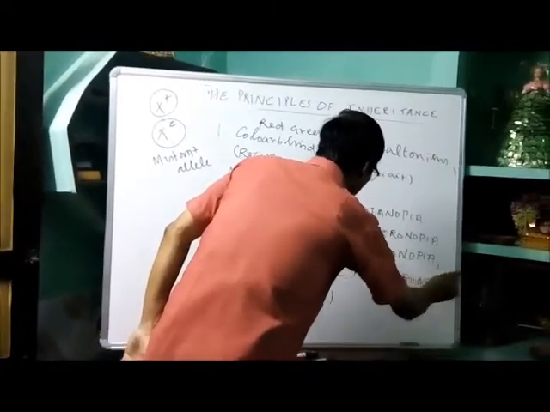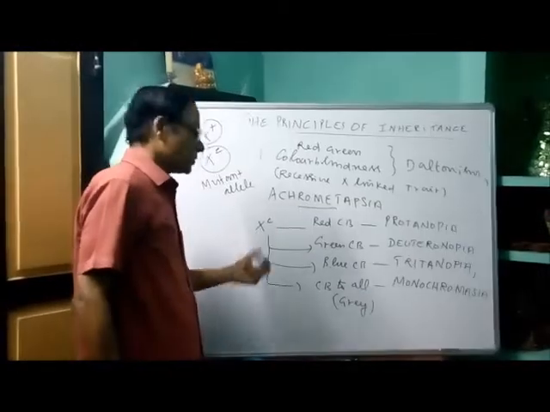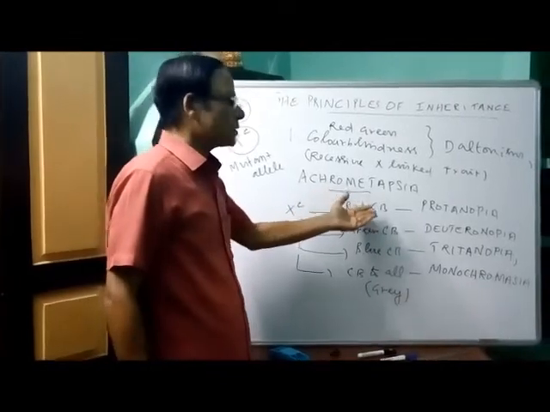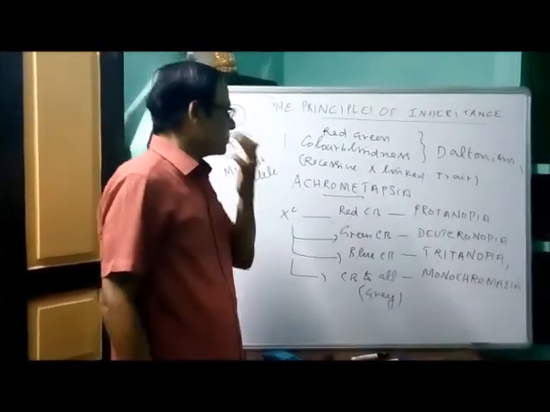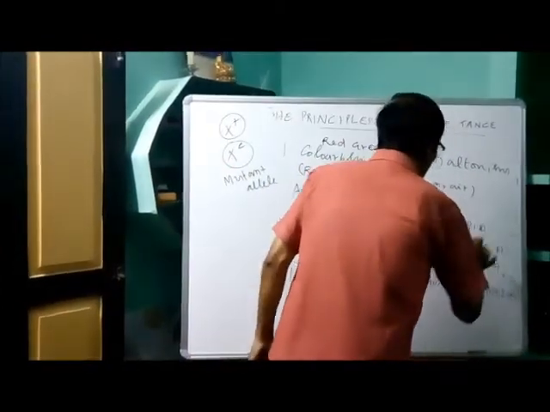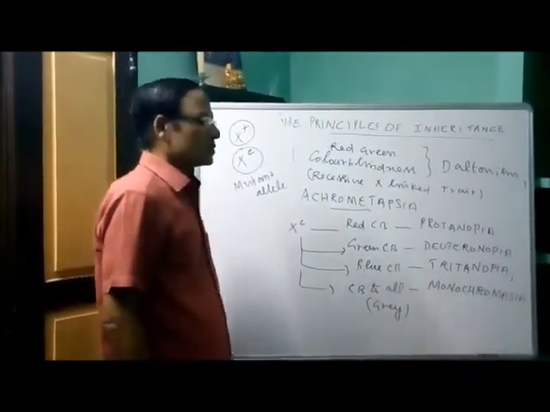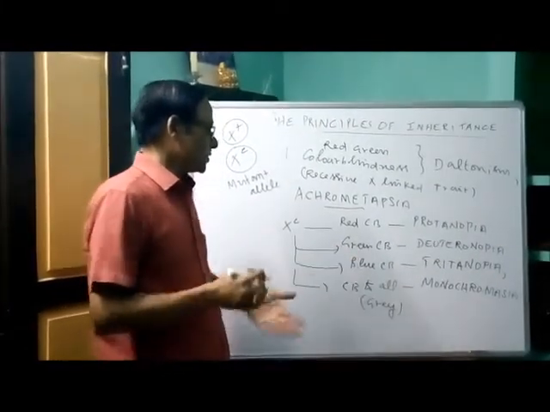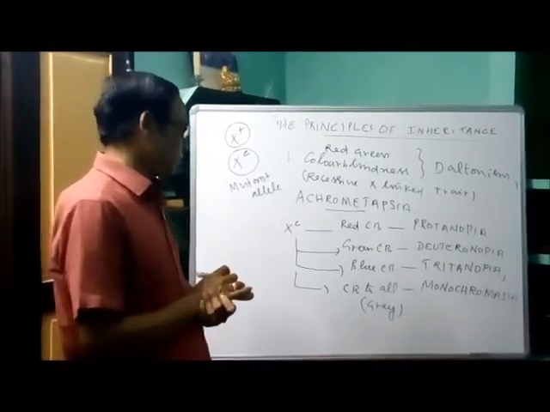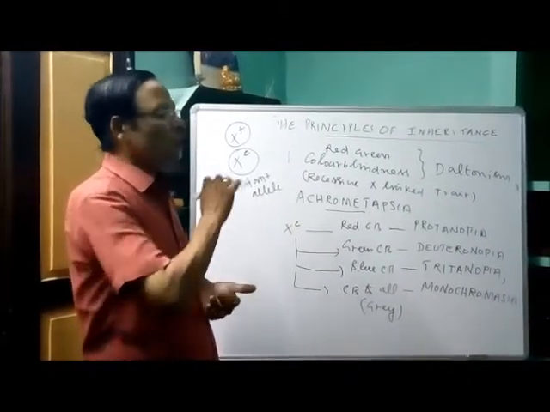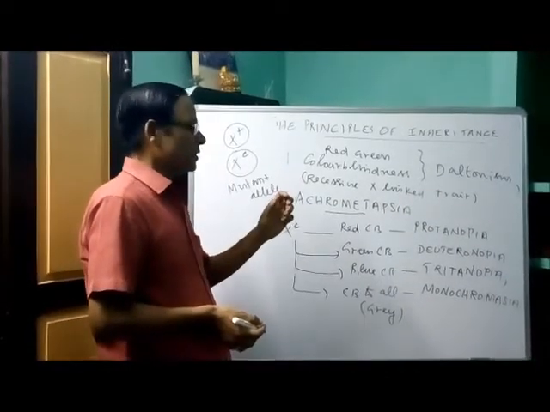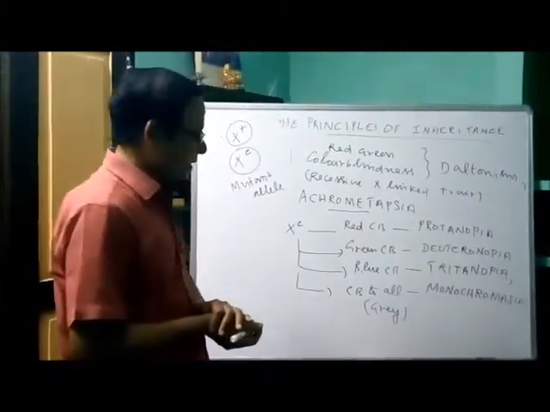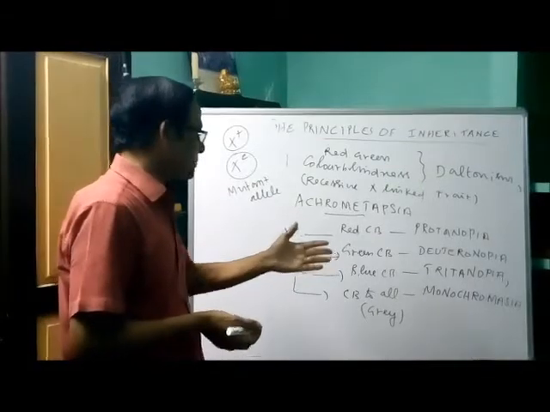So, because of the recessive gene, some persons are unable to produce red pigment, so they are red color blind: protanopia. Some people are unable to produce green pigment, so they cannot perceive green: deuteranopia. Some people are unable to perceive the blue color: tritanopia. Some people are unable to see all three colors; everything appears as grey, as in darkness, and that condition is called monochromasia.